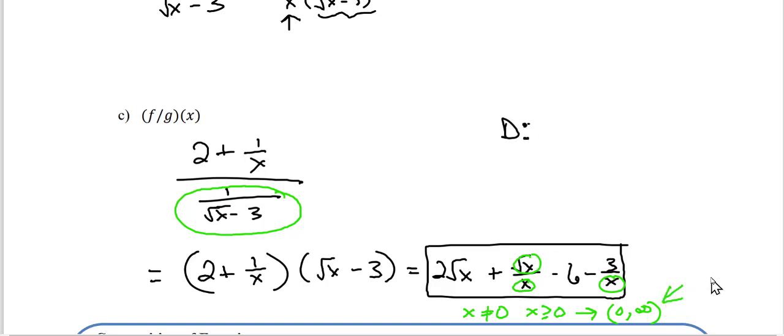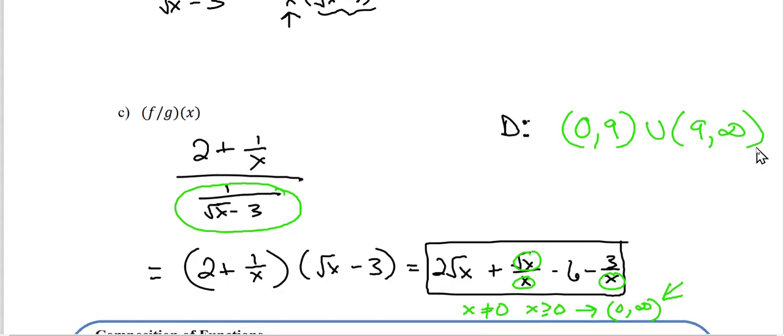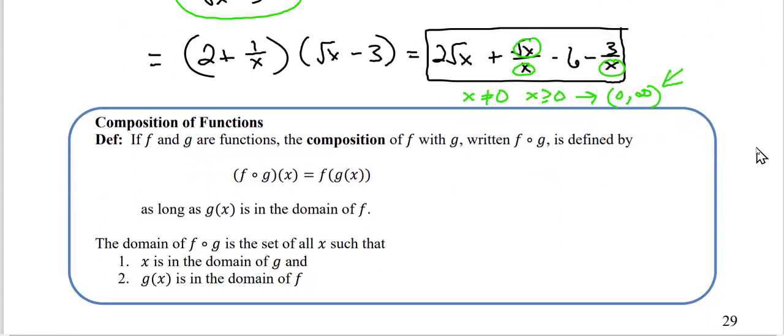If we just said 0 to infinity based on our result here, the 9 is still included, but we cannot include that 9 if it wasn't able to be included in the original functions. So the domain should never be bigger, should never include more than what you started with when you're doing this algebra of functions. Be careful there.